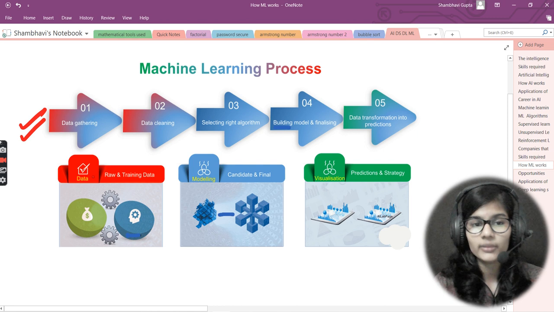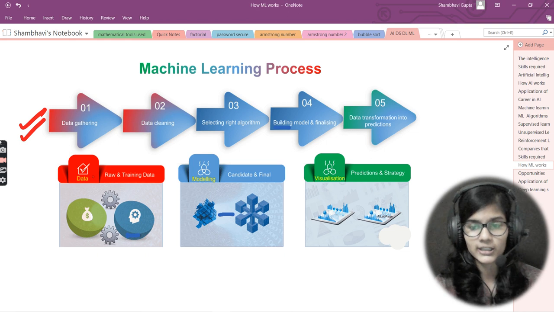Basically you'll be getting a lot of data, right? There would be a very huge amount of data. Now it is not the case that whatever data you get is clean, that the columns will be proper and the rows will be proper. You cannot say that, right?